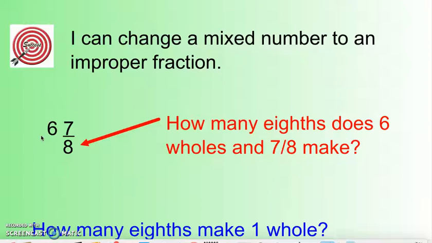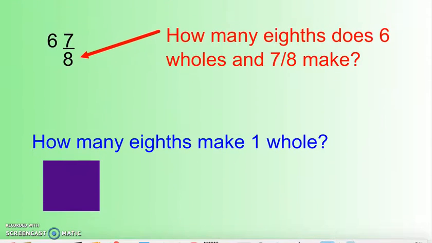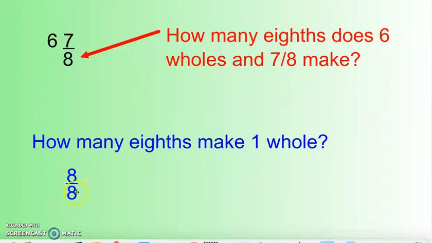You're right, 48. Because if I have 8 in every single one of those wholes, so 8/8, and then I have 6 of them, that's 8, 8, 8, 8, 8, 8, or 8 times 6, which is 48.